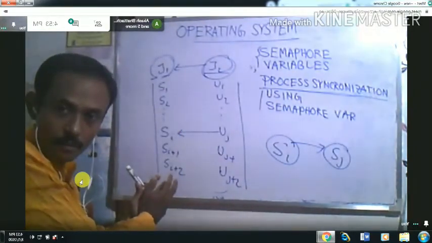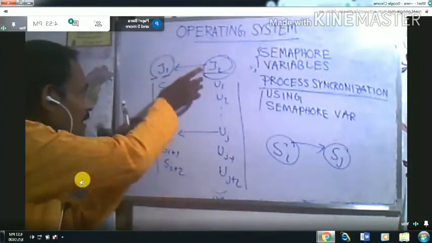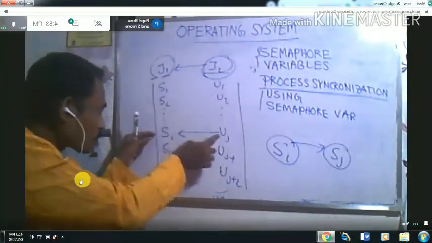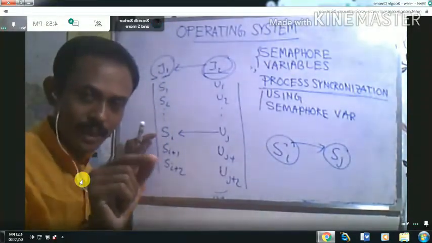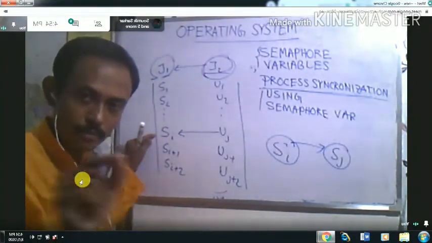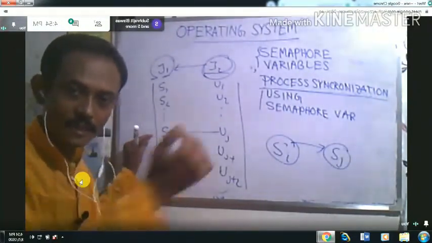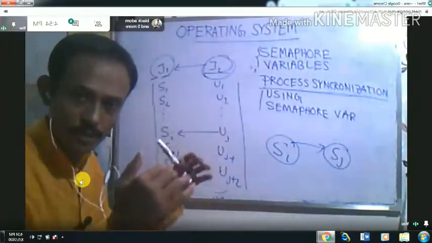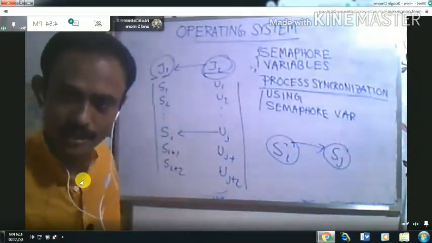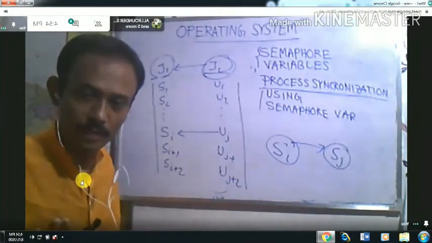Whether we will stop all the operations or we can concurrently execute up to the statement where synchronization is required. Got it? That is our question. Or the question is, can we do that using semaphore?